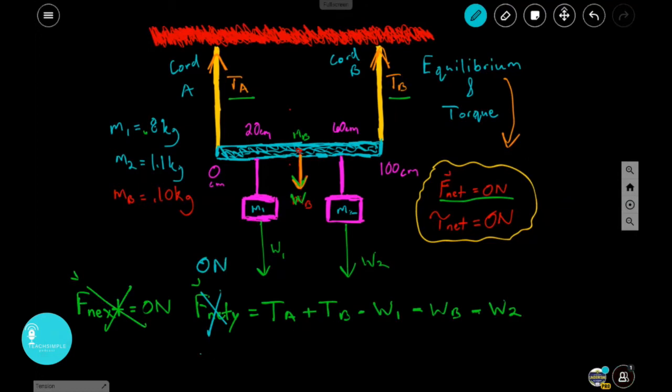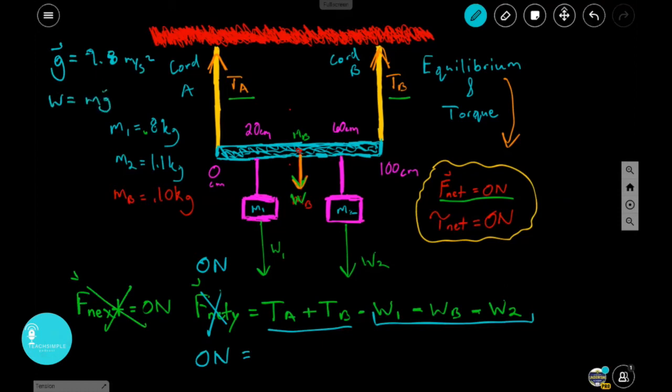So therefore, we can solve for these forces and create some type of equation with the tension, because we don't know what the tension is. We know that the acceleration due to gravity is 9.8 meters per second squared, and the weight equation is mg, or negative mg depending on the direction.